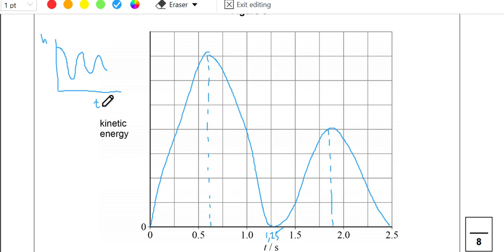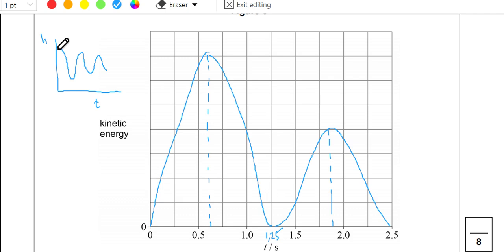We know that at equilibrium we have the highest velocity, so maximum kinetic energy, and at the far right or far left, in the highest values of H, the amplitudes, velocity is zero and kinetic energy is zero.